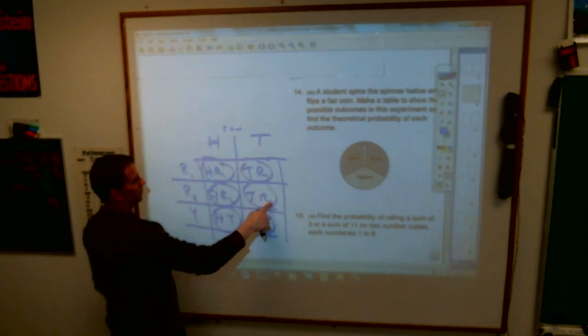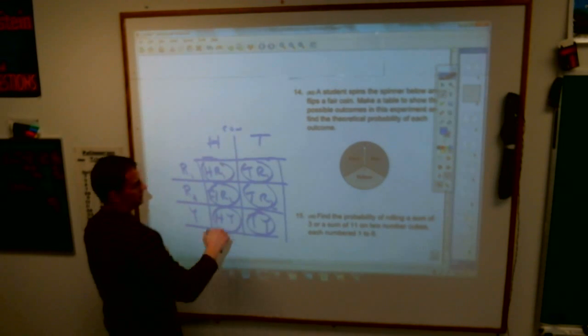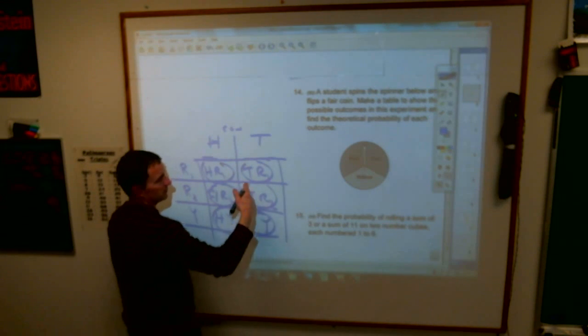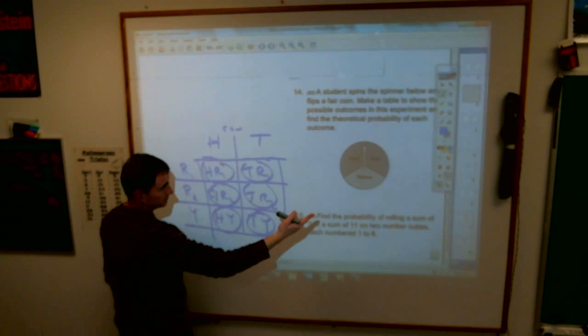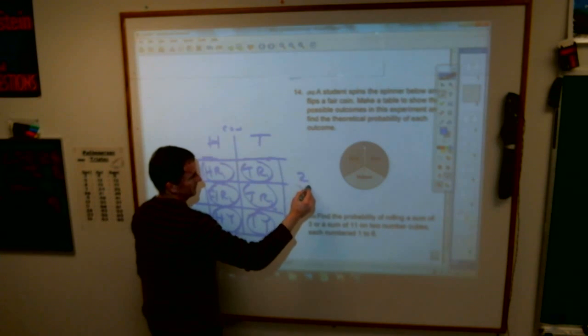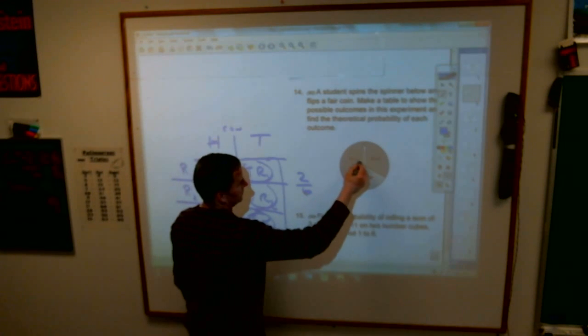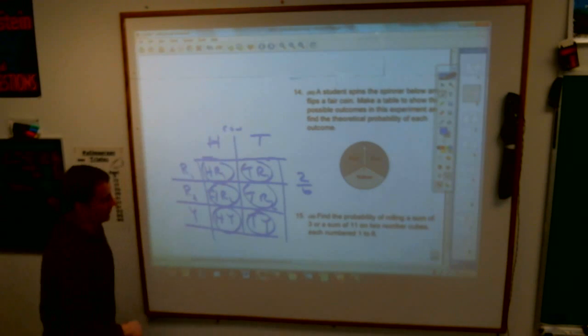Although they grouped the red 1s and the red 2s together, so technically they said I would give you either one. So the probability of getting a tail in a red is 2/6 because they're both red. I guess it didn't put little subscripts there, so either way I'd give it to you.